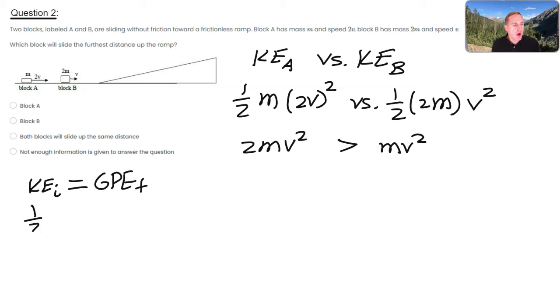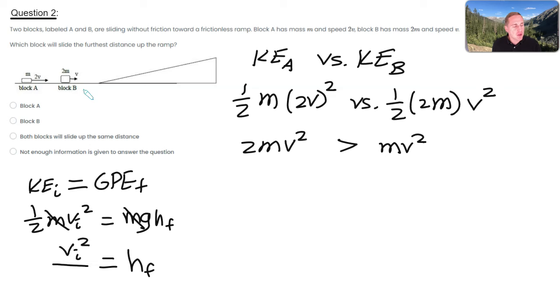So that's like 1/2 mv initial squared equals mgh final. Now notice these masses cancel. The problem is independent of mass, and the h final, the final height that these things attain, depends on the initial velocity squared, and we divide by 2g.